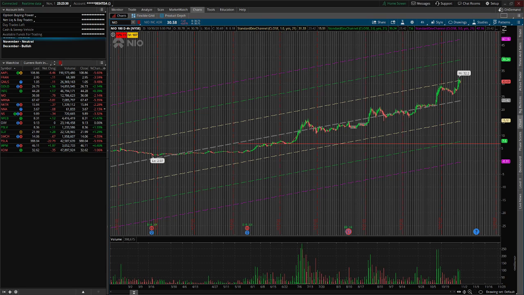Okay, so the loss gets added to the basis of the replacement security that you purchased. So whatever you lost on something that you sold, and you buy a very similar security, you can add the loss to that. Basically means your loss doesn't go up in smoke.